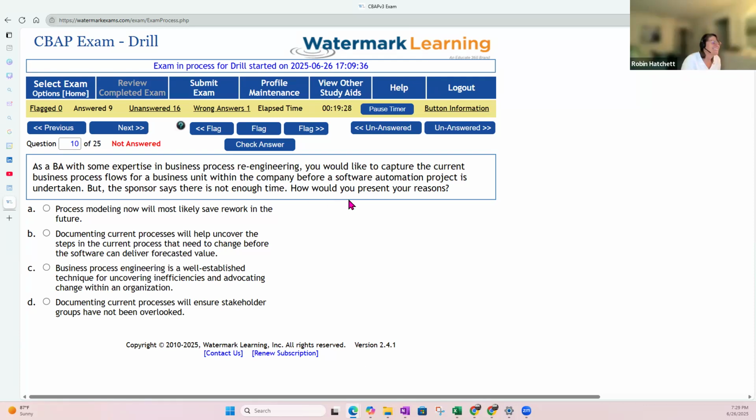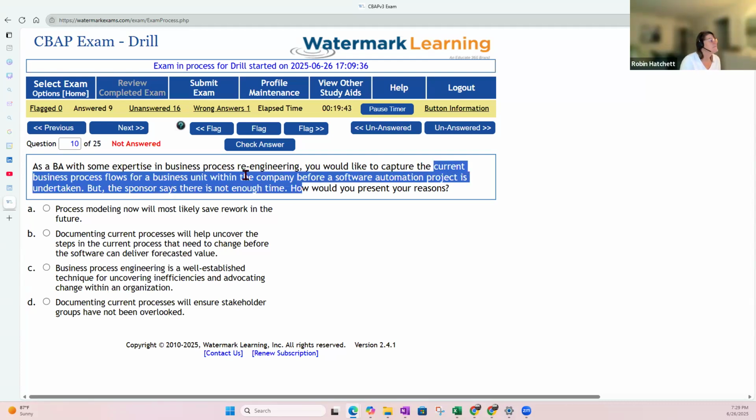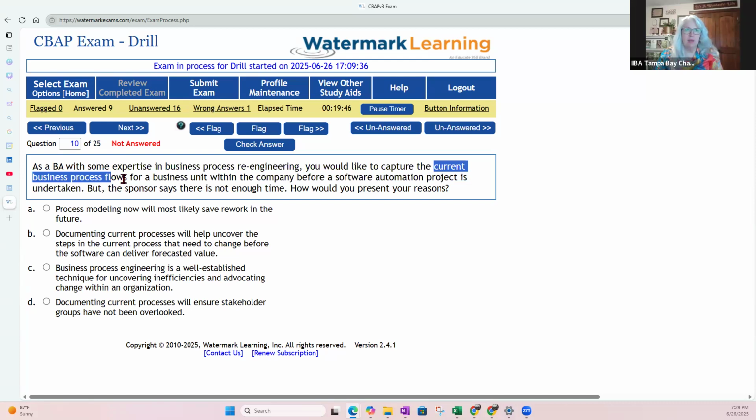So we want to present our reasons for wanting to do this. So what is this task they're wanting to do? Capture the current business process flow. Current state analysis, I think.